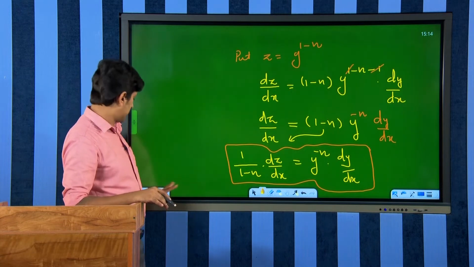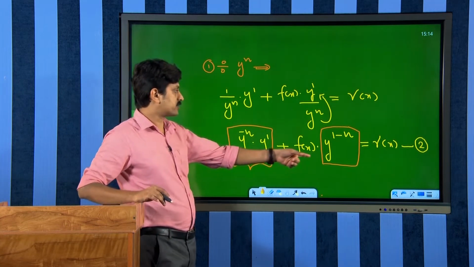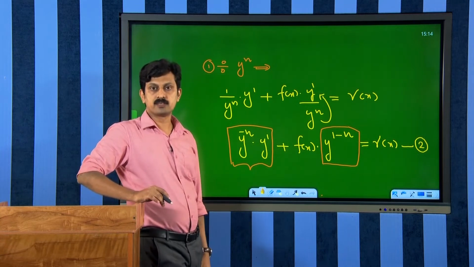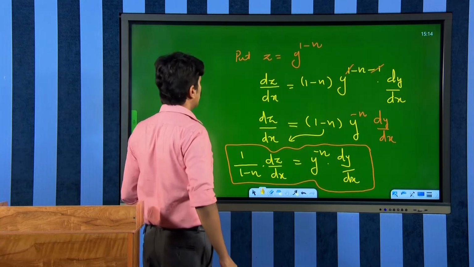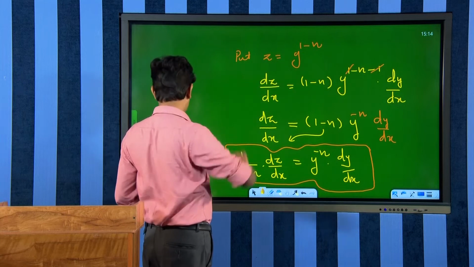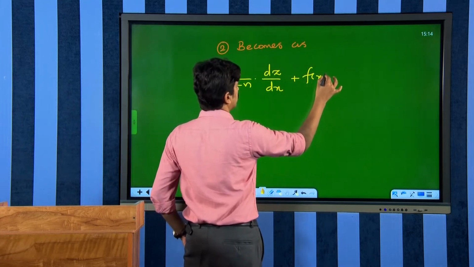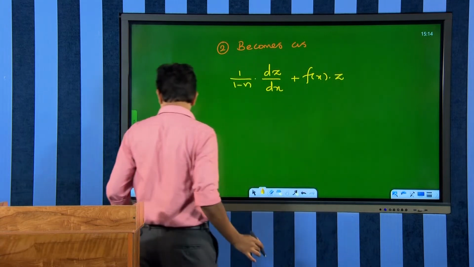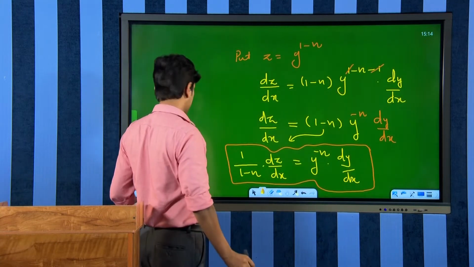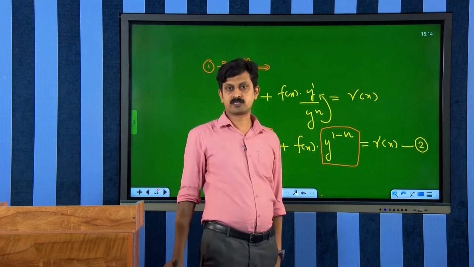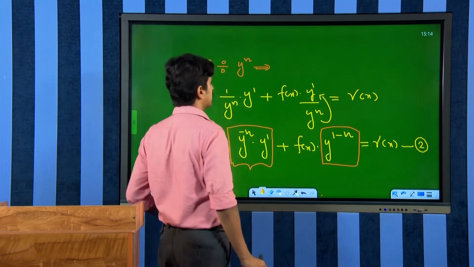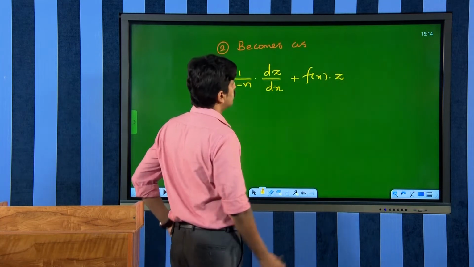Okay. Then in the next part, f of x into y raised to 1 minus n is z. So, plus f of x into z, and finally we will have r of x.